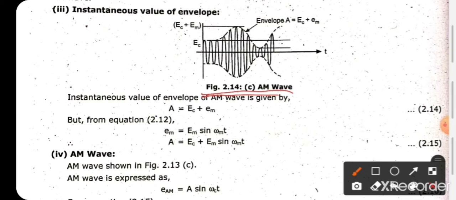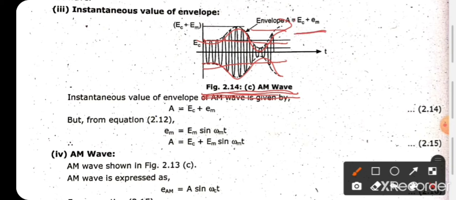Here this is the graph of the amplitude modulated wave. We have already seen it in the previous section. This is the carrier signal, and this one is the envelope of the modulating signal. The instantaneous value of the envelope can be found as A equals Ec plus em.